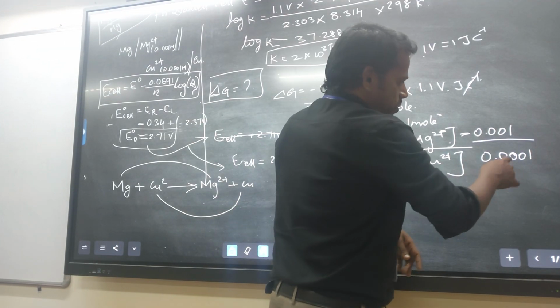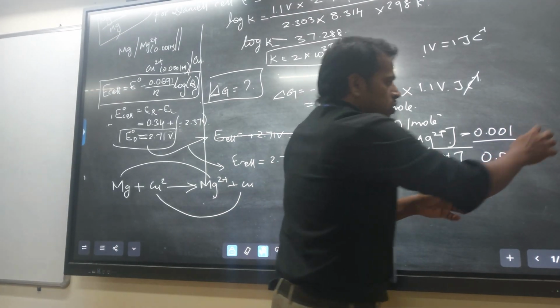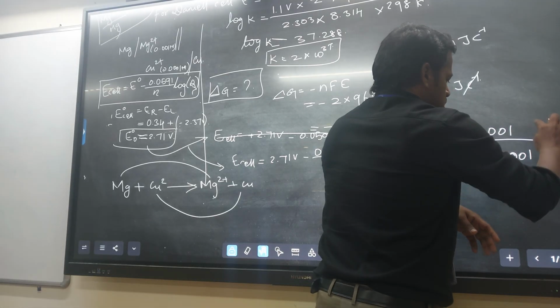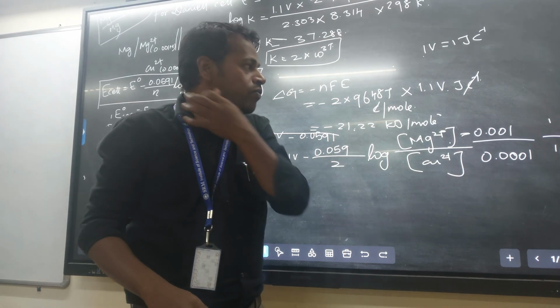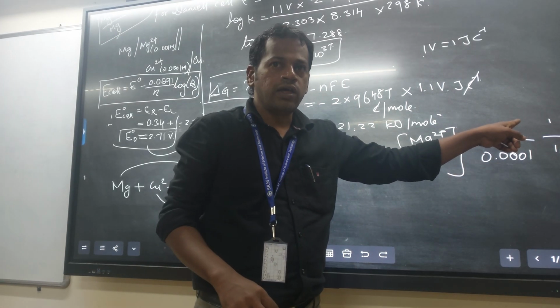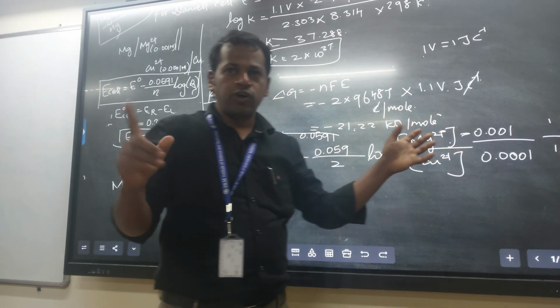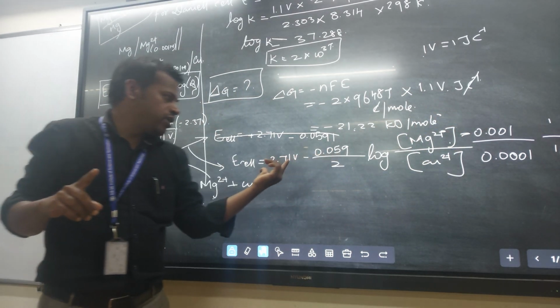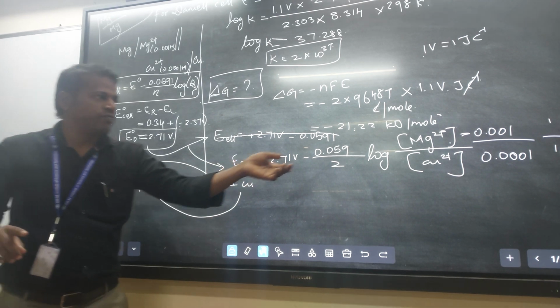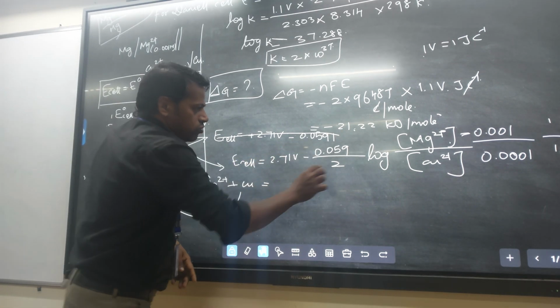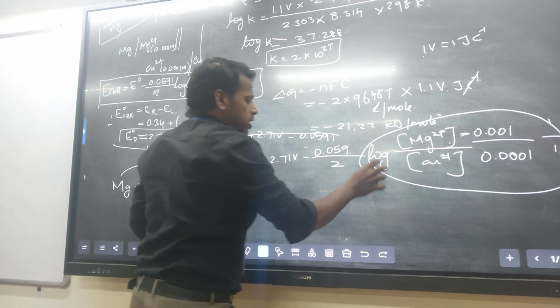So finally, what happened here? 10 power 1 by 10, right? The final is 10 power 1, so 10. Log 10 is 1. So only this value. You simplify this equation, you get it. So the whole term becomes 1.